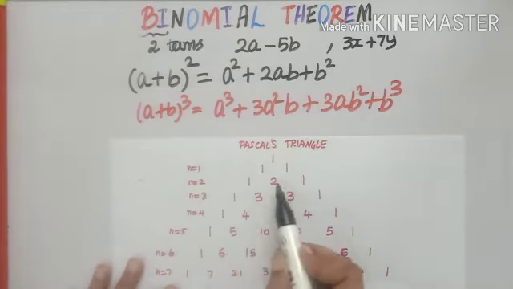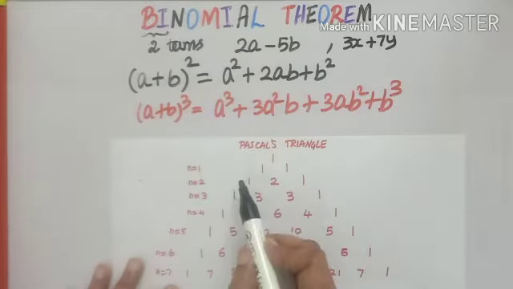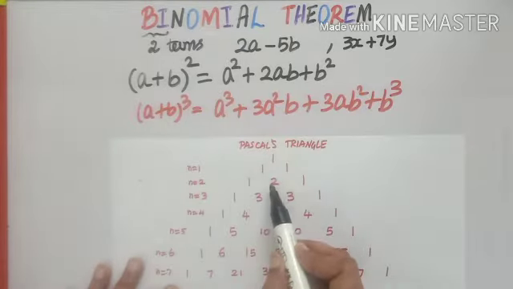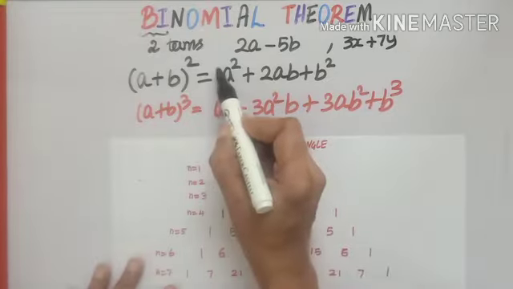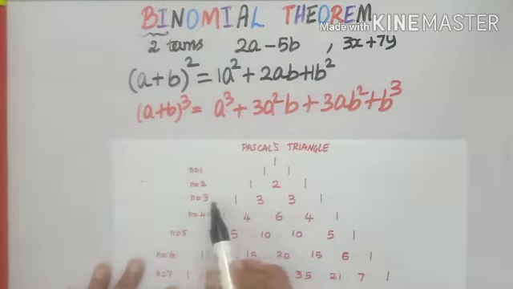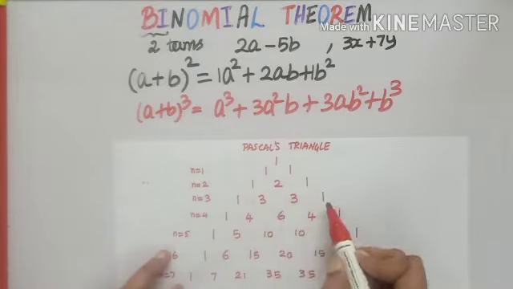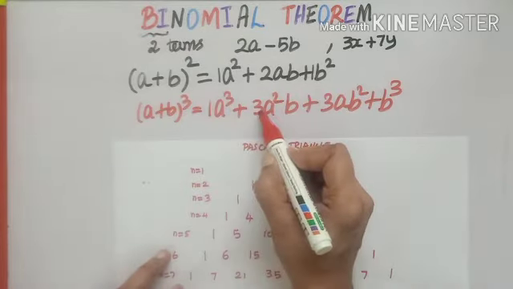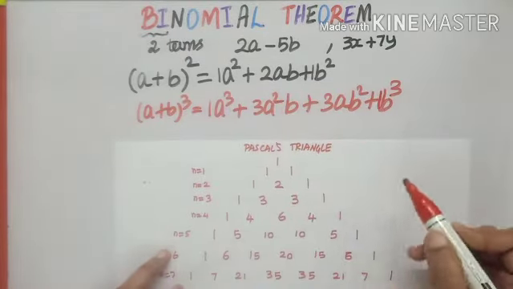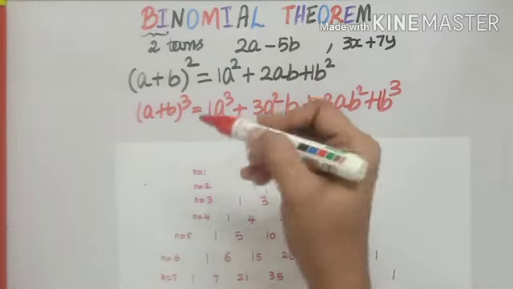When n is equal to 2, look at the numbers: 1, 2, 1. Similarly, when n is equal to 3, see what numbers you are getting? 1, 3, 3, 1. Check it. So, from Pascal's triangle, we can write any power.